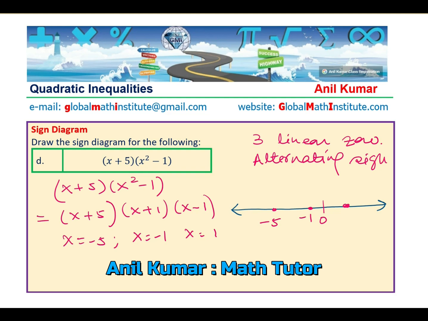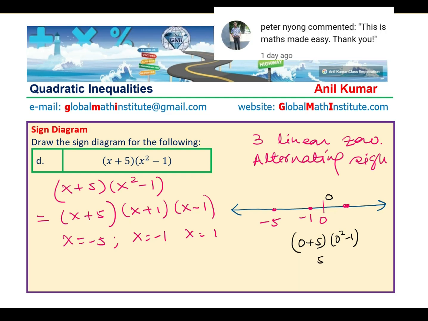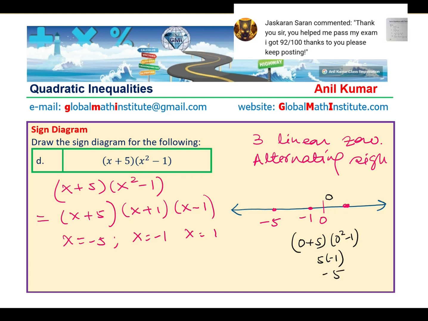A good test point will be 0 itself. So if I plug in 0, what do I get? I get 0 plus 5 times 0 square minus 1, right? So we get 5 times minus 1, correct? Now 5 times minus 1 is negative 5. So in this interval, we get a negative value.